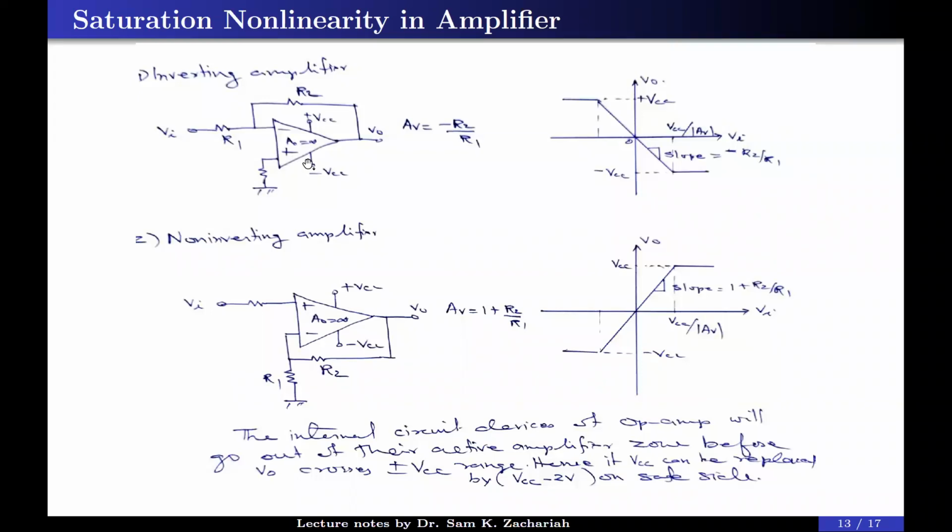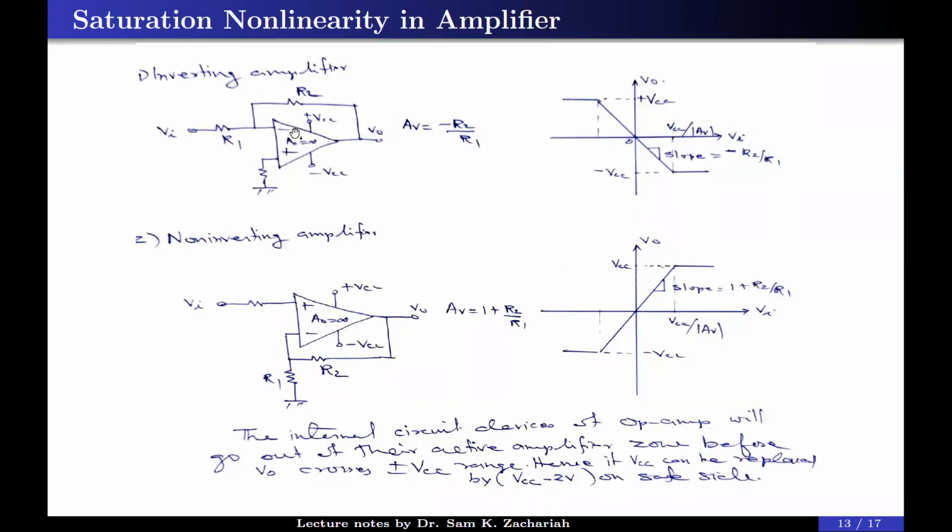But once this output voltage approaches either the positive side of the supply voltage, plus VCC, or the negative side, minus VCC, the various transistor amplifier stages inside the op-amp go away from their active zone, either to saturation mode or cutoff mode.